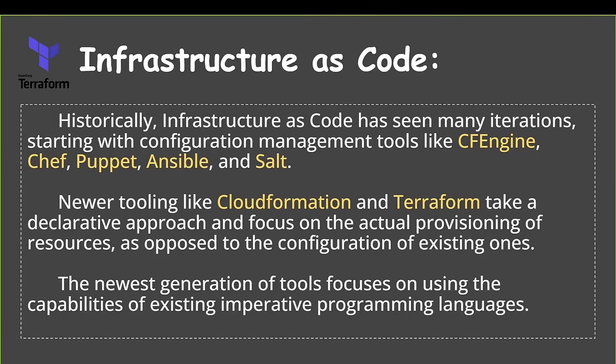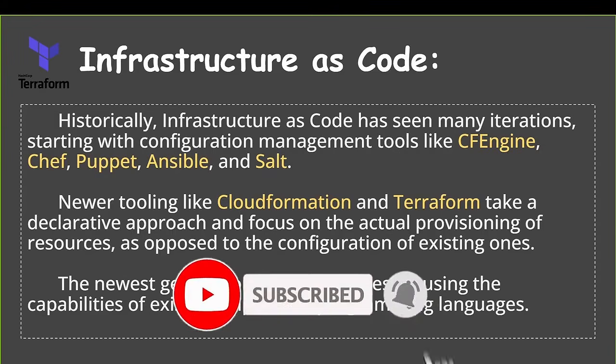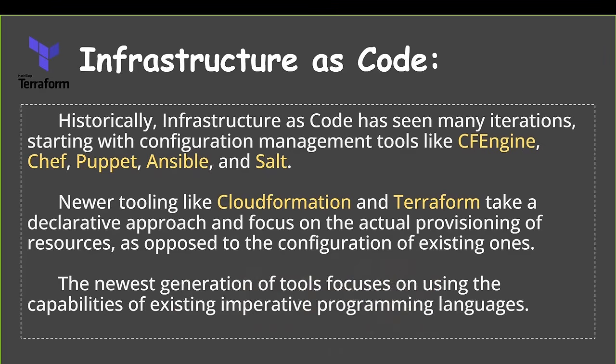But we'll not be using Ansible because that is best for configuration management and not for infrastructure provisioning. What is configuration management? Let's say there is a server and you want to install HTTPD, the Apache web server, and then place an HTML file inside the var/www/html directory. For those kinds of scenarios, Ansible would be better. Ansible is not best for creating infrastructure.